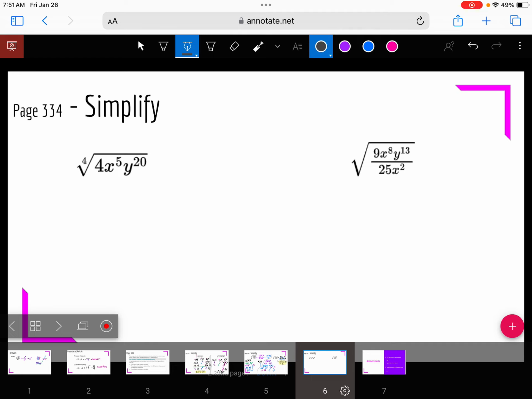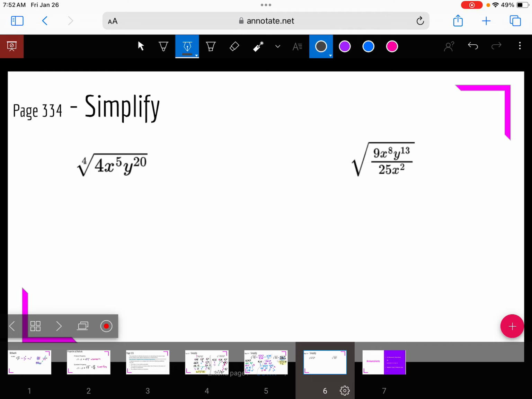4th root of 4x to the 5th, y to the 20. Can we do the 4th root of 4?